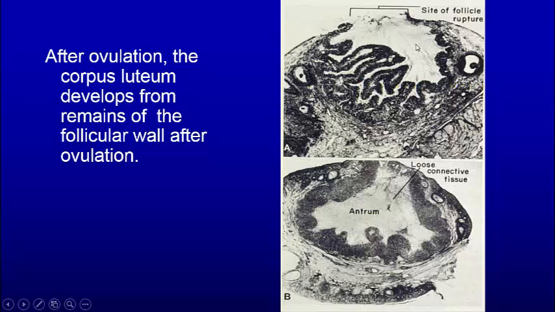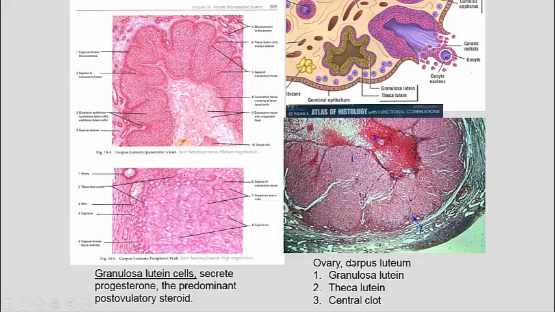After ovulation occurs, the area becomes bloody, hence hemorrhagium. And that's what causes the pain on one side or the other side of the female every month. Then the follicular cells become granulosa lutein cells, and the theca interna becomes the theca lutein cells, as we can see.